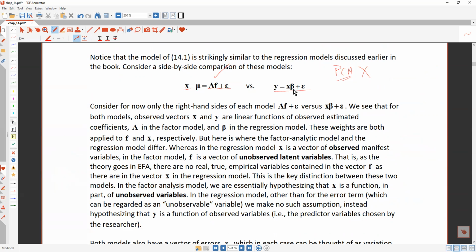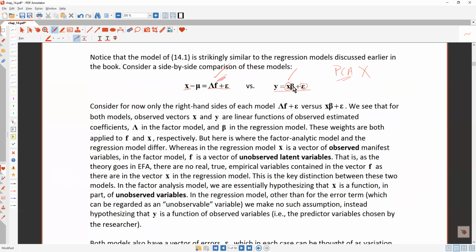Now, if you look at the comparison, well, in the regression model, this is observed, right? Nowhere in the regression model did we actually have unobserved variables, unless we consider this to be unobserved, which I'll talk about in a second. But this here was an observed vector of variables. Well, factor analysis is not observed, it's unobserved. This is unobserved.